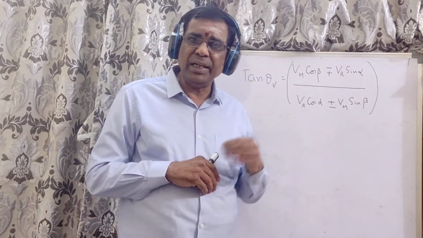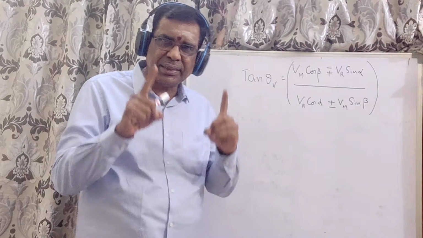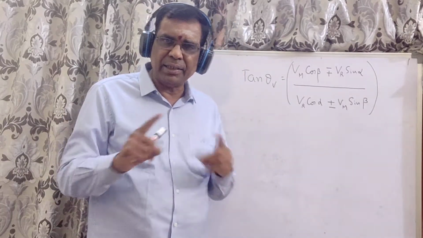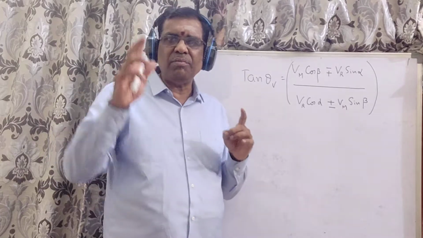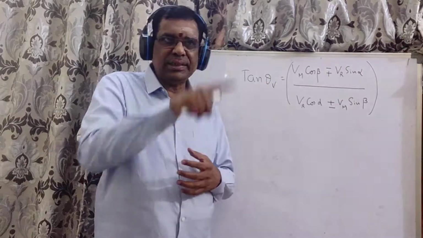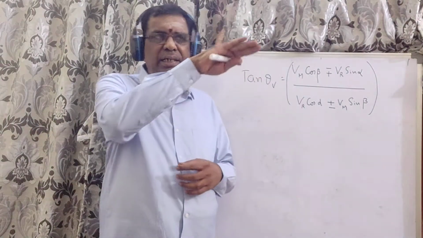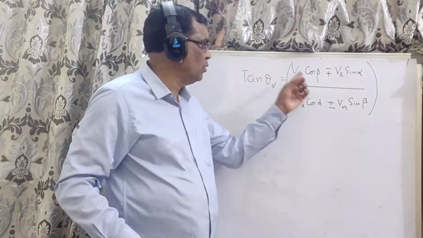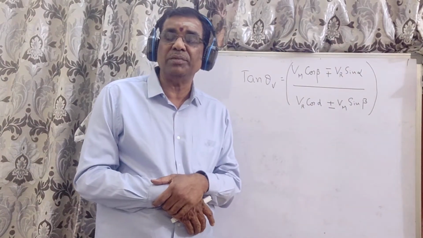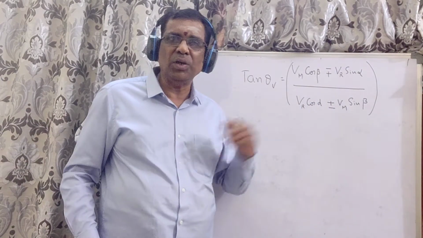Now, how to get VRM? You always construct a right angle triangle with VRM as the hypotenuse. The rest, the adjacent side and the opposite side, will be a combination of these two terms, or four terms. That's all you have to do.